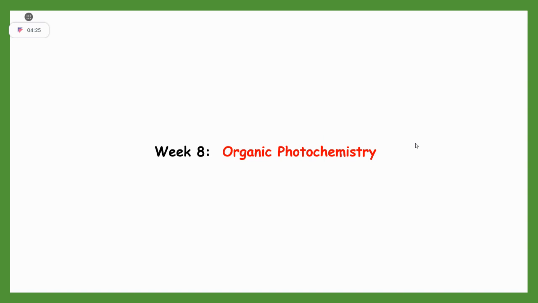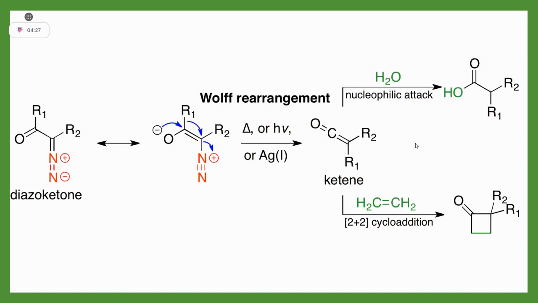Let's move ahead. Before that, let me revise the Wolff rearrangement for you. We are going to solve a problem based on this, so let's have a recap of this rearrangement.